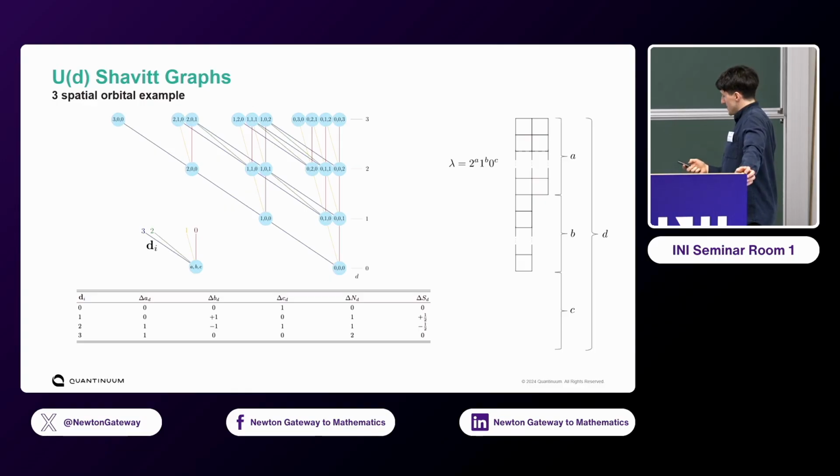So you can see basically the 4 cases are, you can couple an empty spatial orbital, you can couple a single-electron spatial orbital with a total spin of +1/2, couple a single-electron spatial orbital with a total spin of -1/2, and then you can also couple a doubly occupied spatial orbital which has a total spin of 0 because it's spin paired.